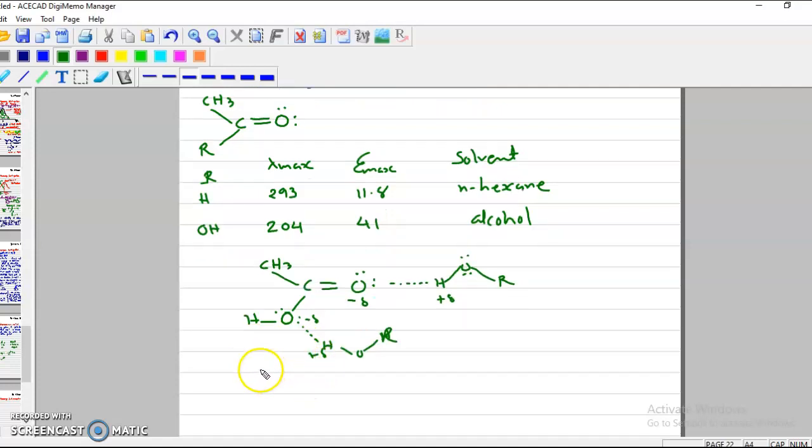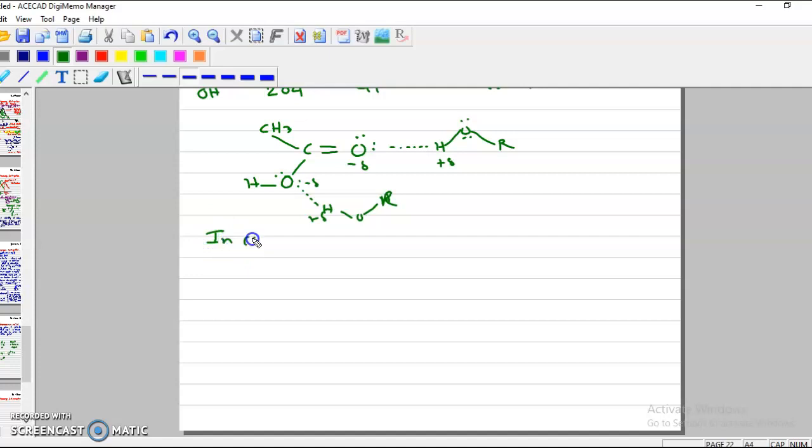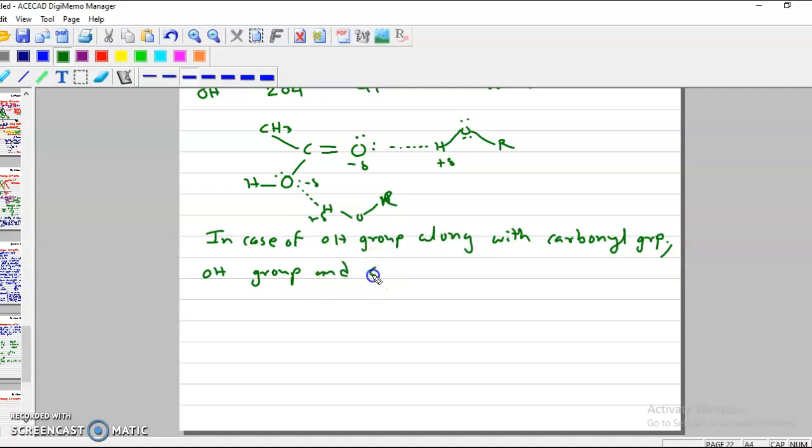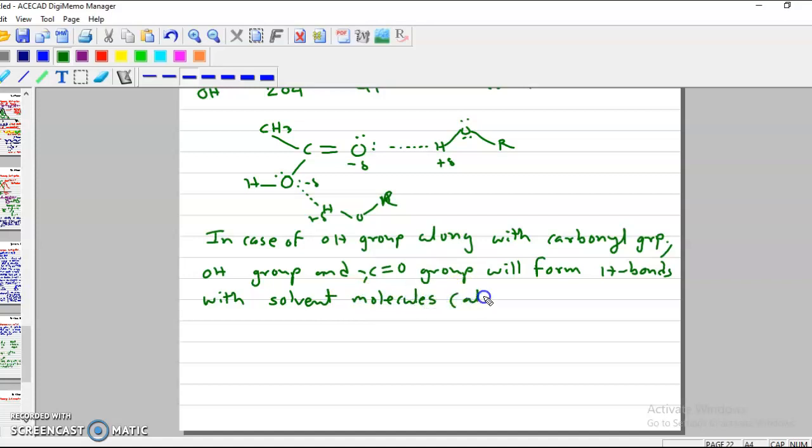So in case of the OH group along with the carbonyl group, the OH group and of course the C double bond O group will form hydrogen bonds with solvent molecules, that is alcohol.